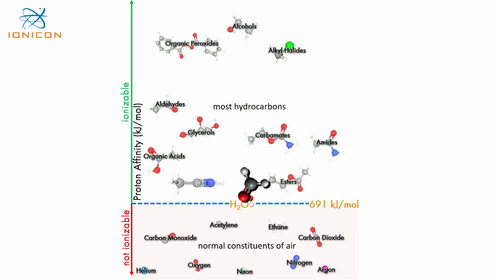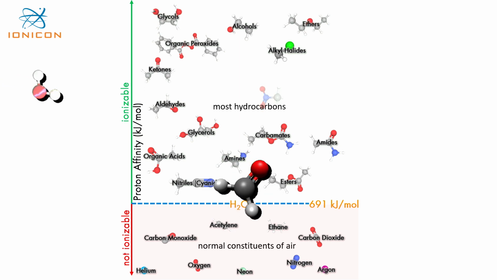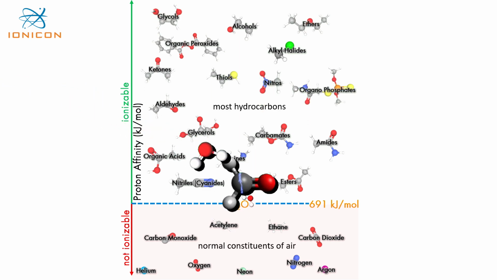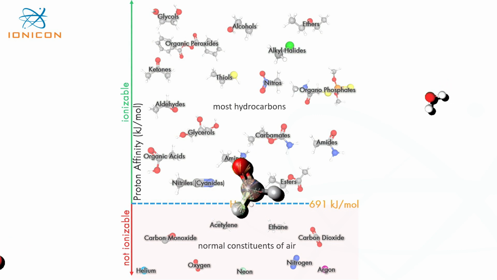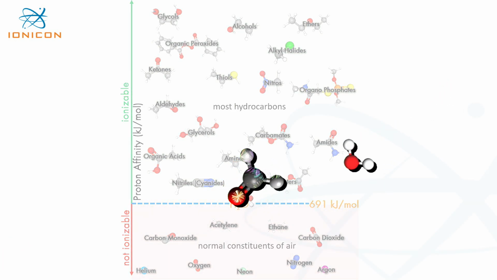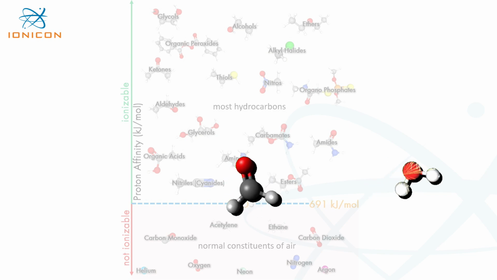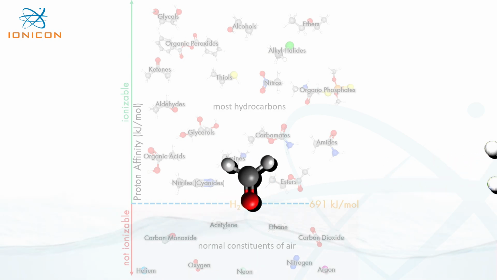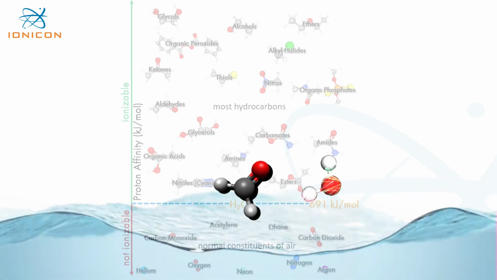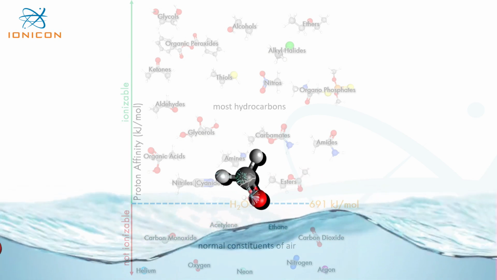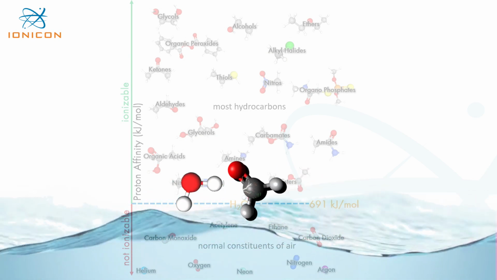However, for molecules whose proton affinity is only slightly higher than that of water, a significant effect comes into play, namely, a backward reaction can occur, where the protonated molecules can transfer the proton back to the abundant H2O present in the reaction region. As a result, the ionization efficiency becomes dependent on the sample's humidity.